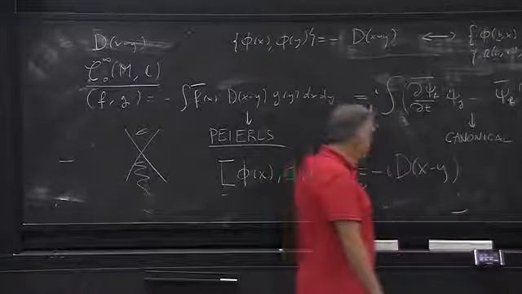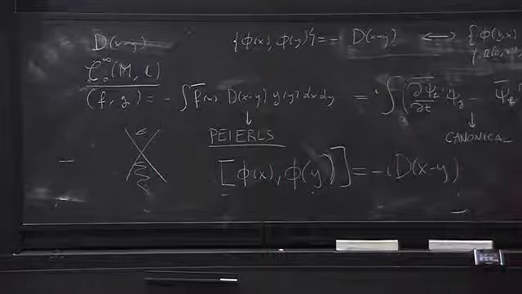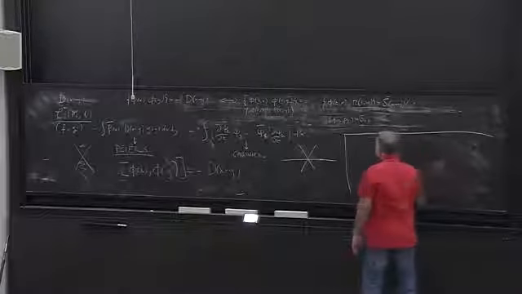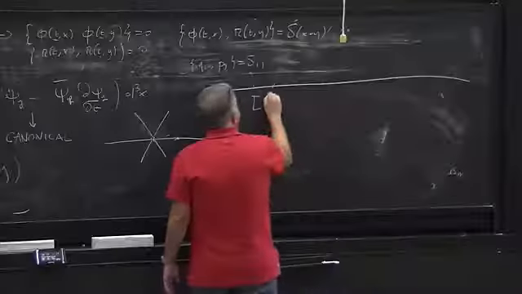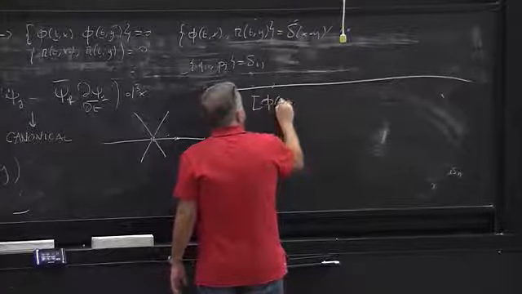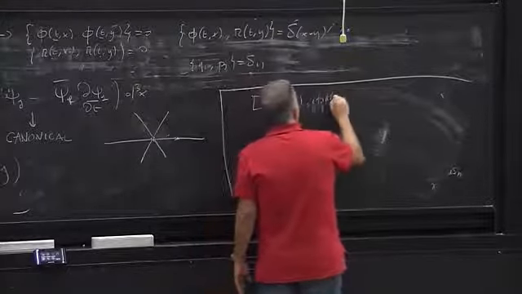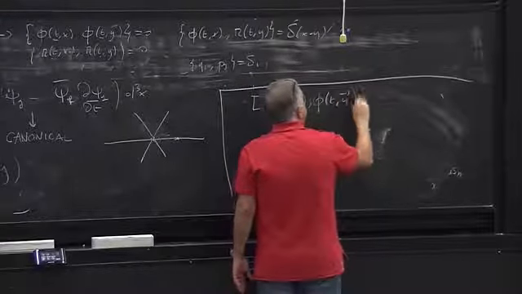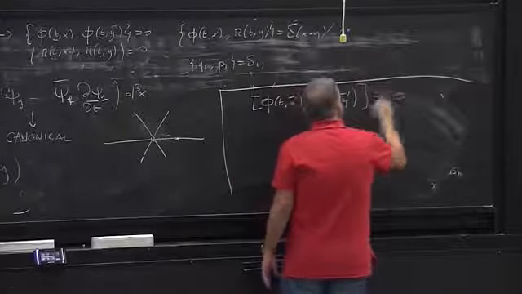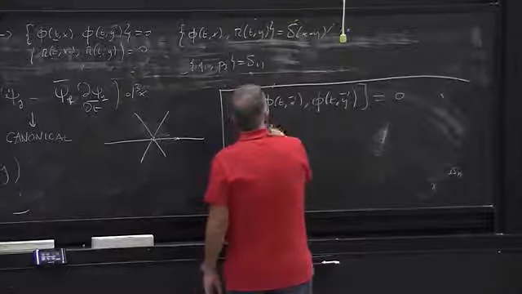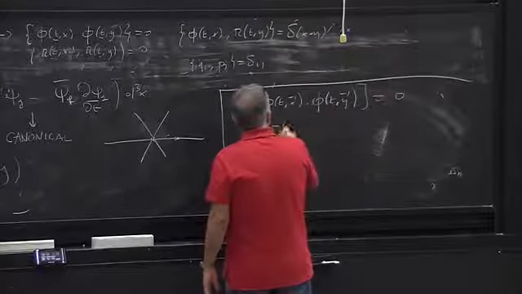And this also has a Hamiltonian counterpart in which you ask for equal time commutation relations, which are the starting point of canonical quantization in any standard textbook of quantum field theory.